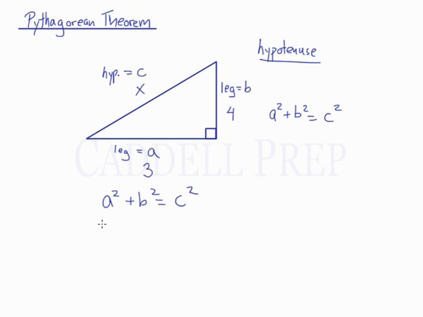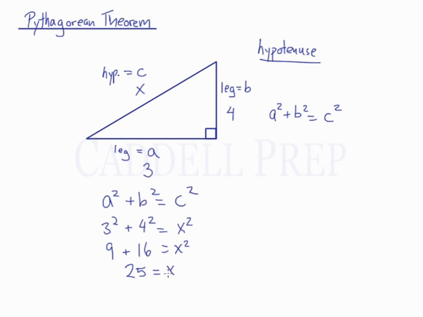So a is 3, so we have 3 squared plus the other leg, 4 squared, equals the hypotenuse squared, which is x, so x squared. 3 squared is 9, plus 4 squared, 16, equals x squared. 9 plus 16 is 25.